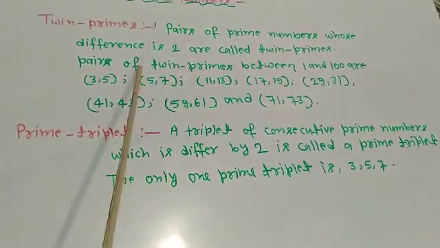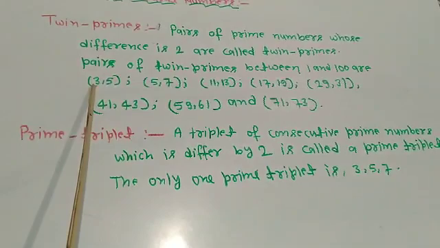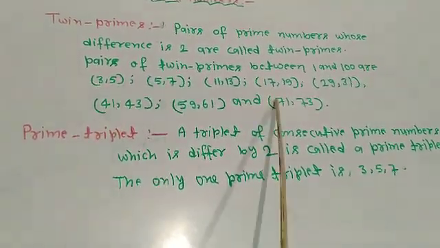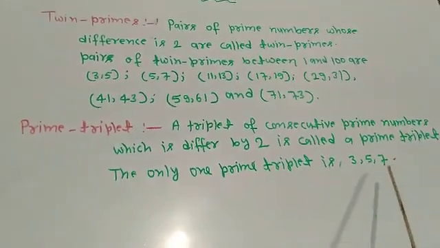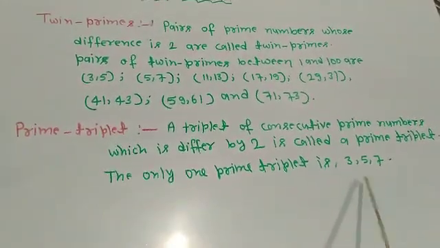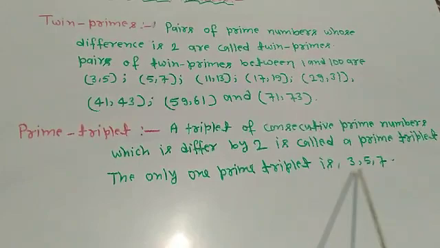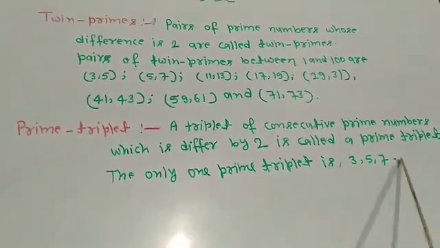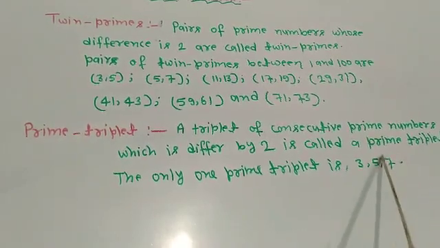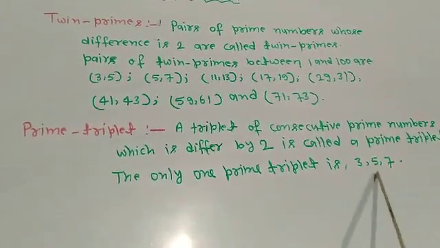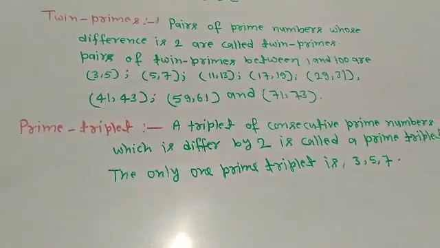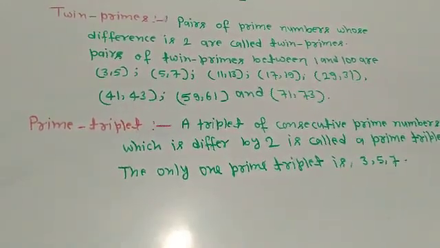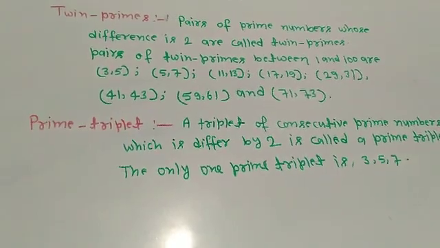Twin primes are a pair of prime numbers which differ by 2, and a prime triplet is a group of 3 prime numbers which differ by 2. Only 3, 5, 7 is an example of a prime triplet. Now we are going to discuss co-prime numbers and perfect numbers.